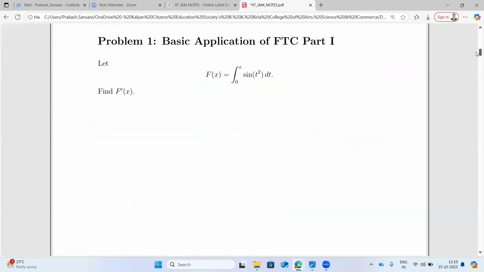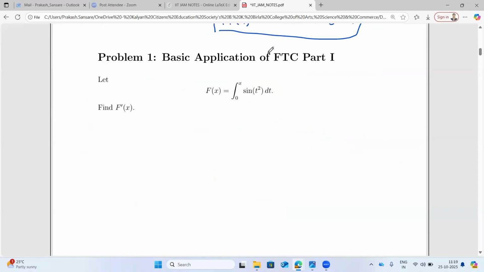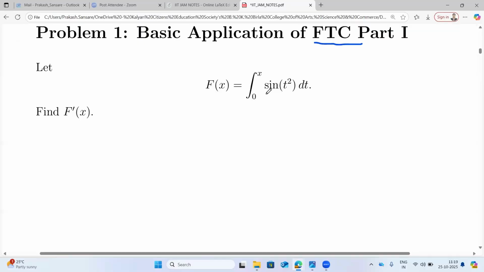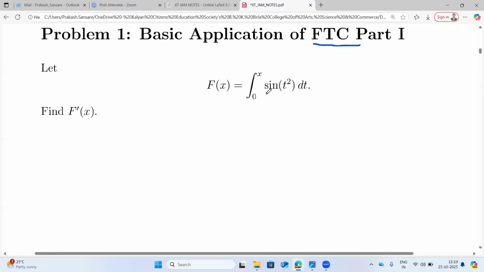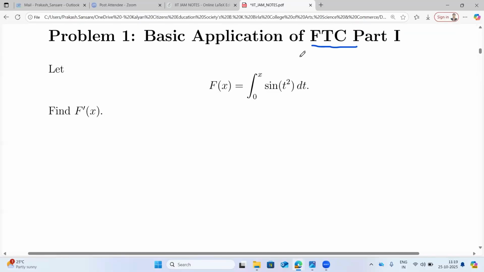So let's go for the problem solving session. The first problem, a basic application of the first fundamental theorem of integral calculus. If I have F(x) equal to sine of the integral from 0 to x of sin(t²) dt, then the question is to find F'(x).